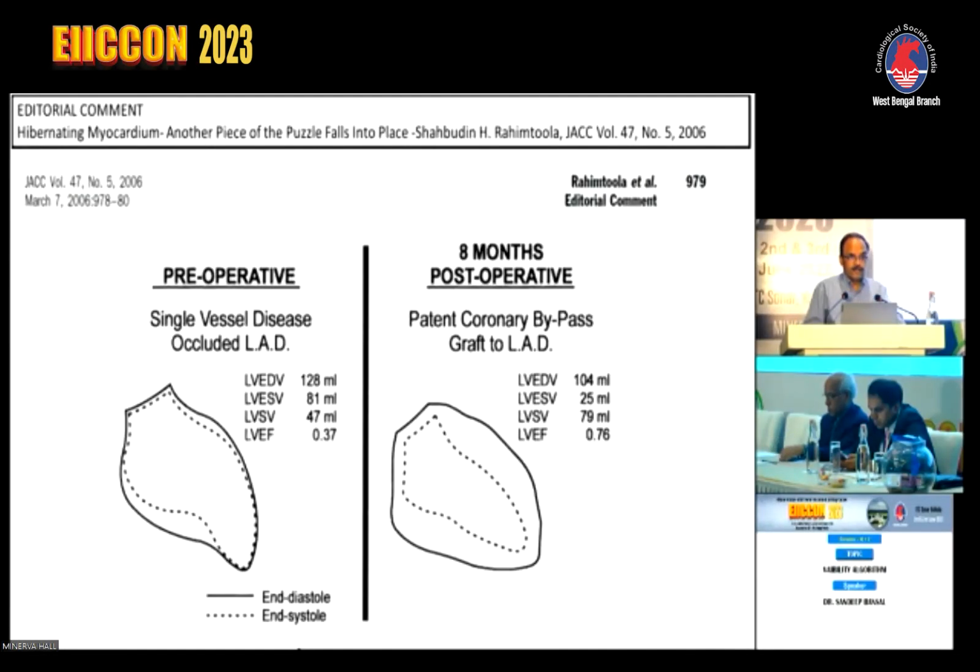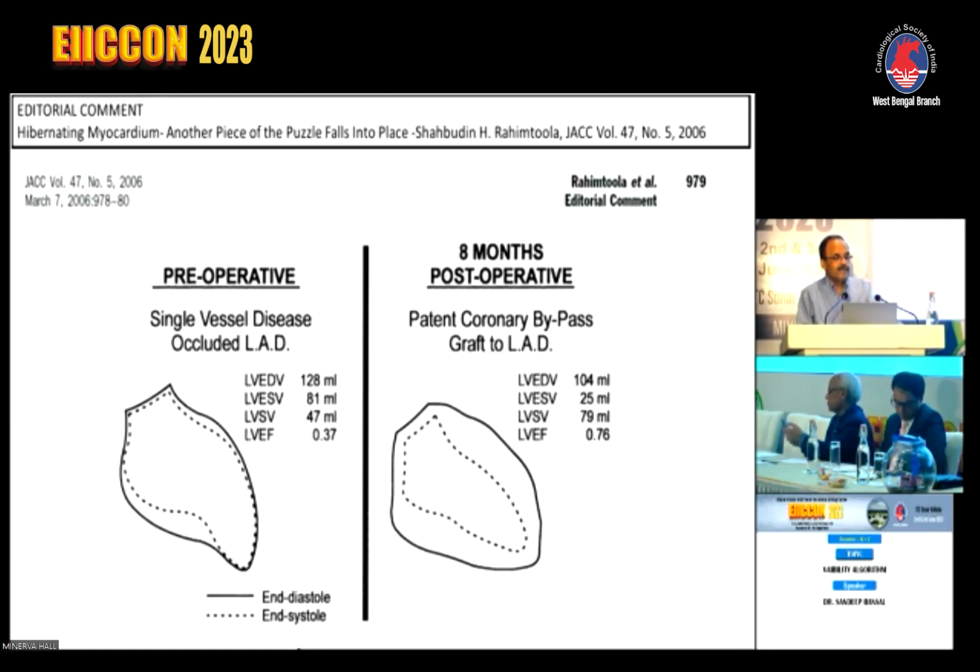The concept of viable myocardium is not very new. It is about 20 years old approximately. And this is one of the seminal editorials by a person who did a lot of work in this, Shahabuddin Rahimtullah.